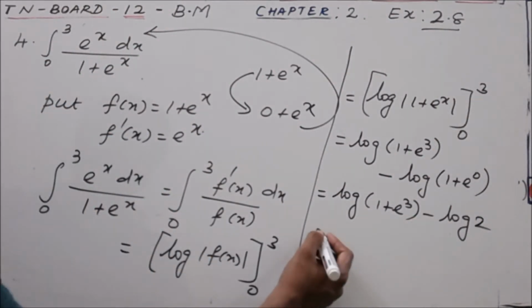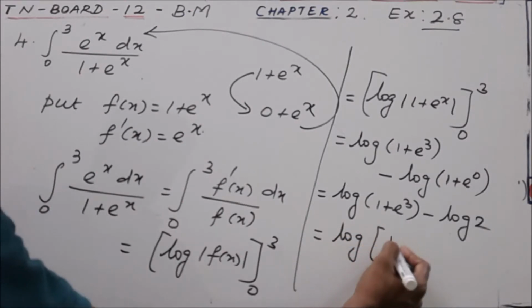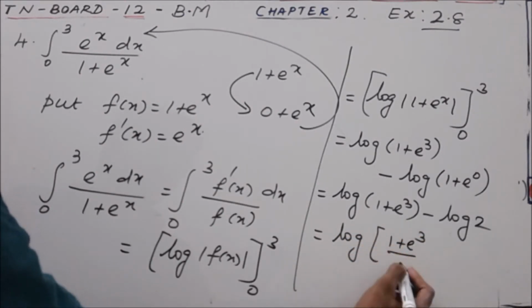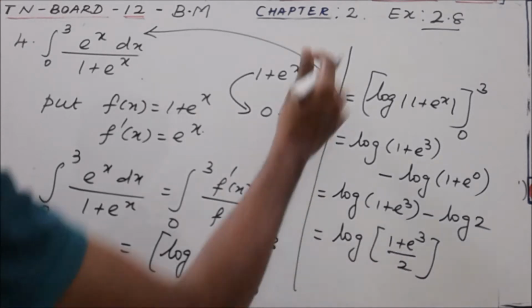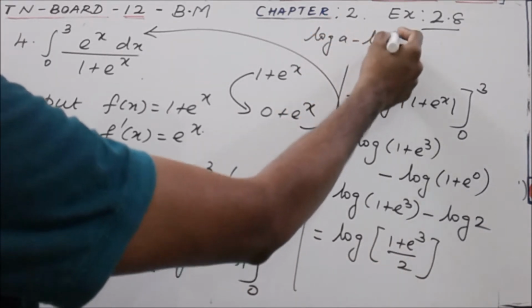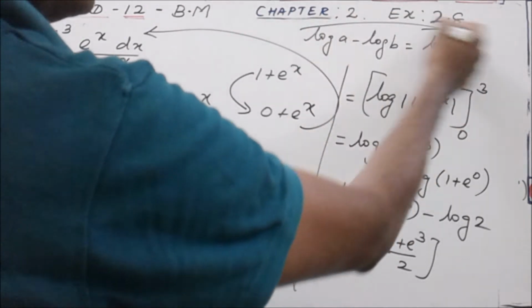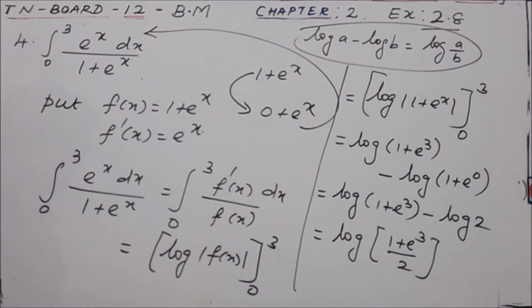This is equal to log of 1 plus e power 3 by 2, because we have the formula log a minus log b equal to log of a by b, the quotient rule of logarithm.